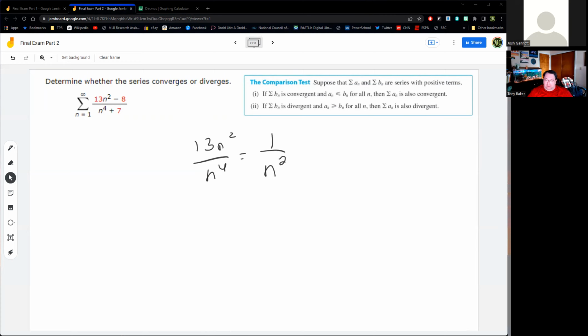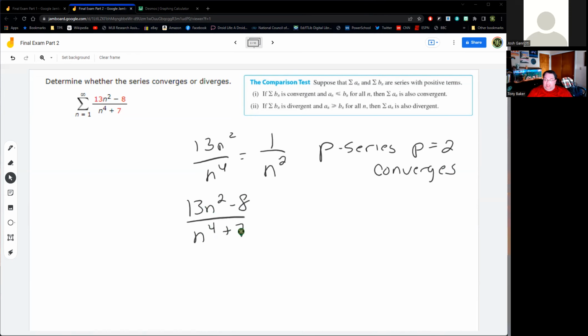So 1 over n squared is the p series. So I know that it's p equals 2, which means this part converges. So the question is, is this always going to be less than that?